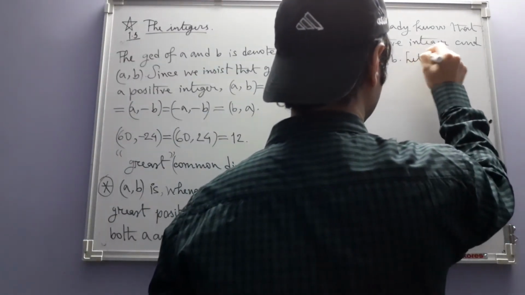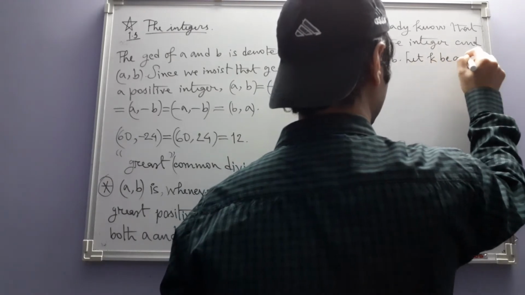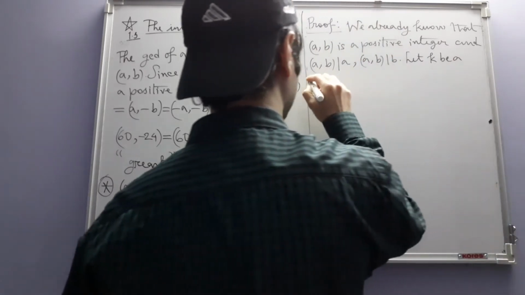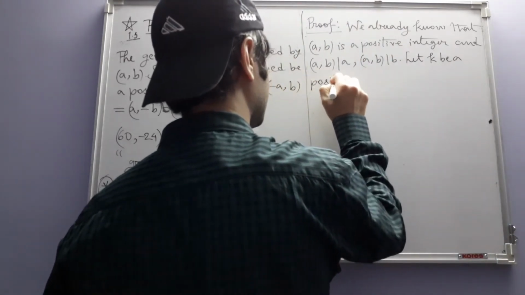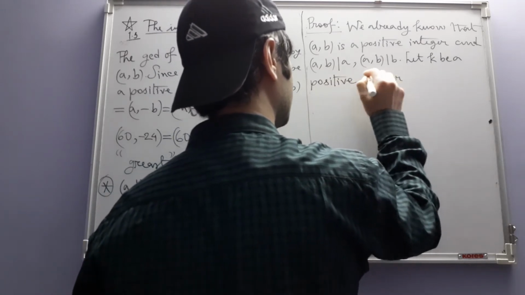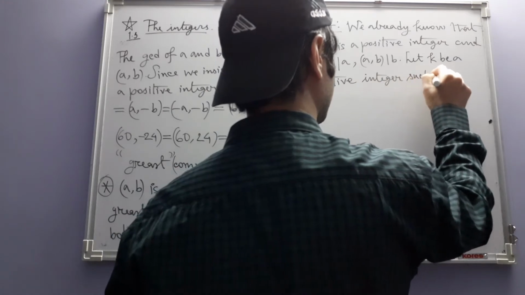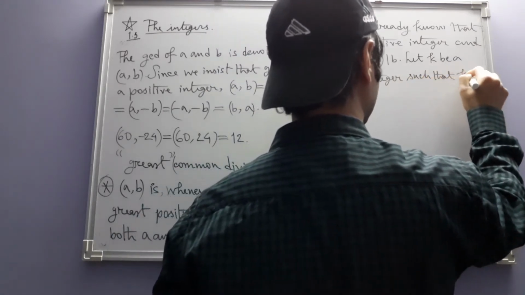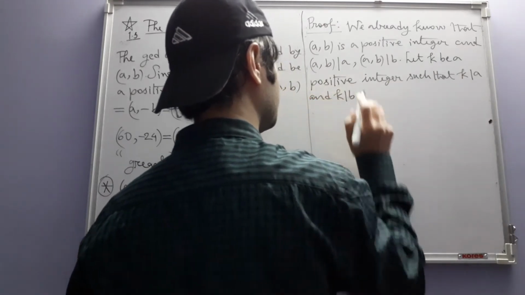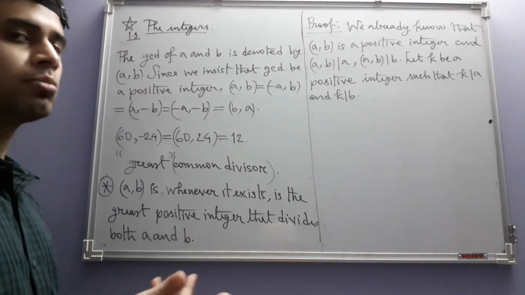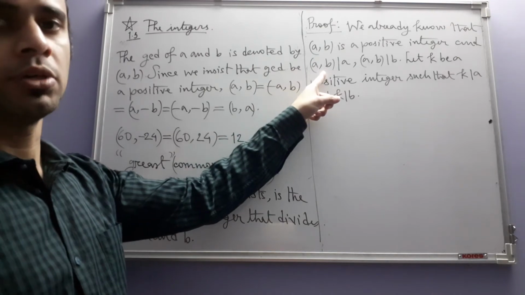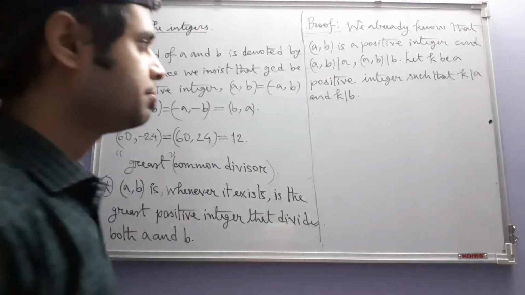Okay, let K be a positive integer such that K divides A and K divides B. So K is a positive common divisor of A and B. I have to prove that K is less than or equal to this, because then it's the greatest, right?